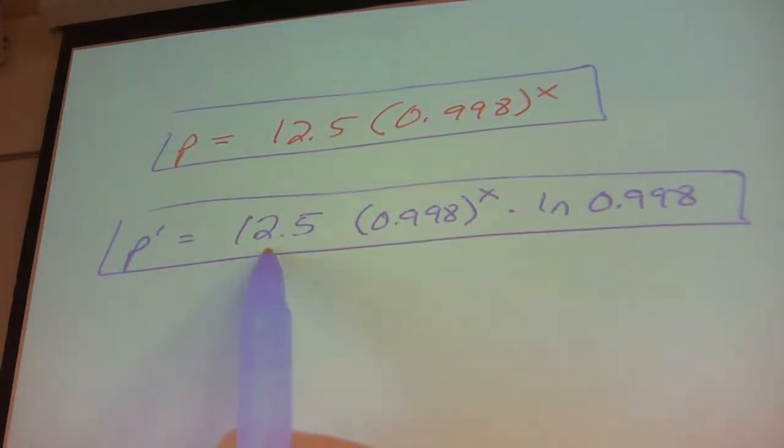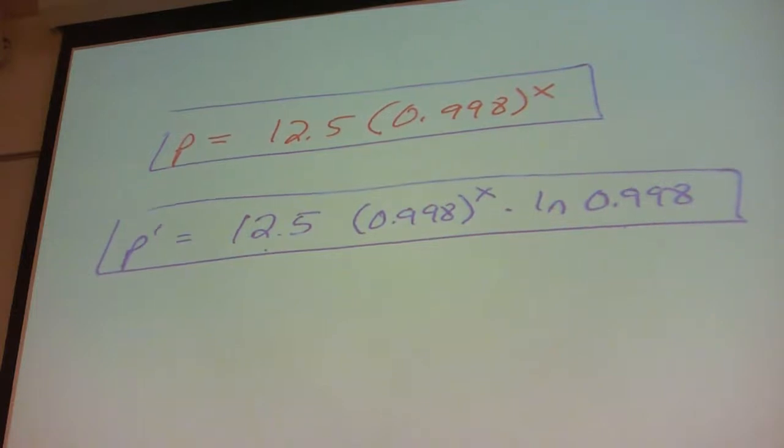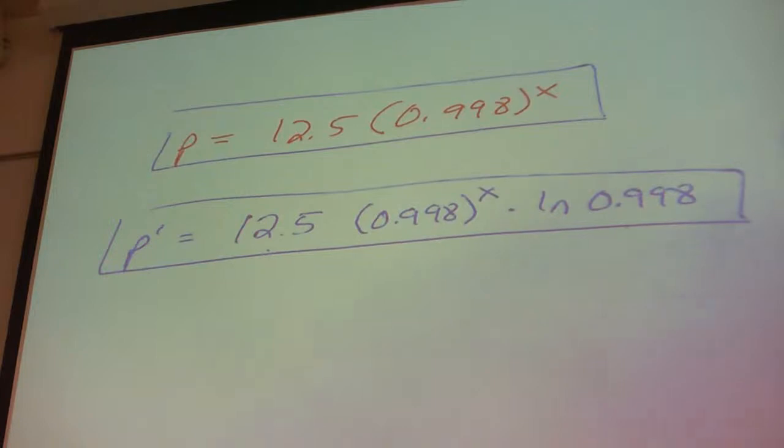Now, we could multiply the 12.5 times the ln of 0.998. Well, let's just leave it the way it is. Now, just to remind you, P is what?